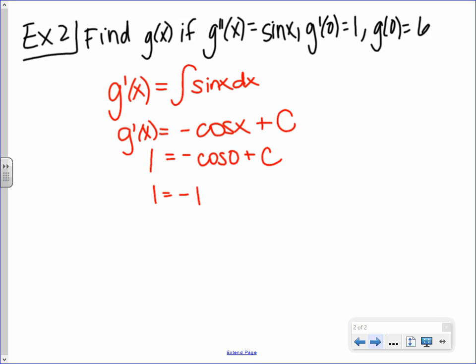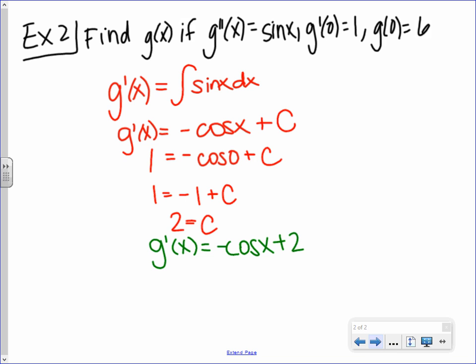I think that mumble was a 1. So C is 2. We can write that the first derivative of g is negative cosine of x plus 2.